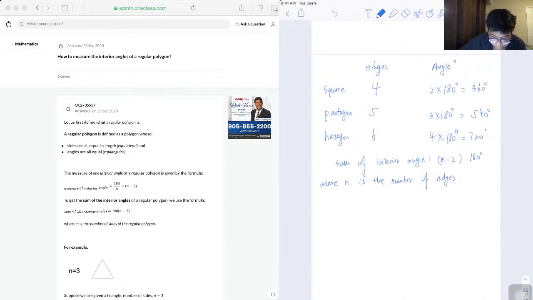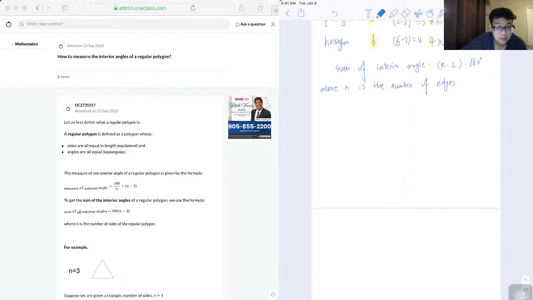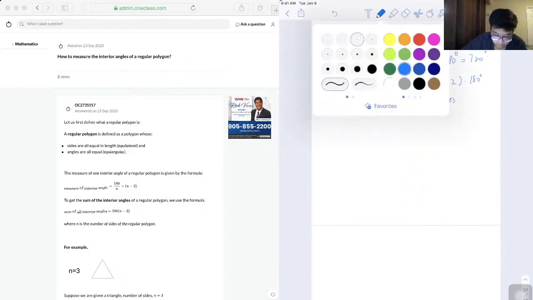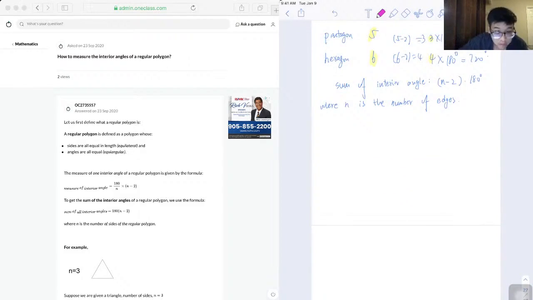So you can see if we got 4 angles, we use 2 times 180. If we got 5 angles, we use 3 times 180. If we got 6 angles, we use 4 times 180. Yeah, and also 5 minus 2 is equal to 3, 4 minus 2 is equal to 2, 6 minus 2 is equal to 4. So the sum of interior angles, I'll just write it again, should be n minus 2 times 180.